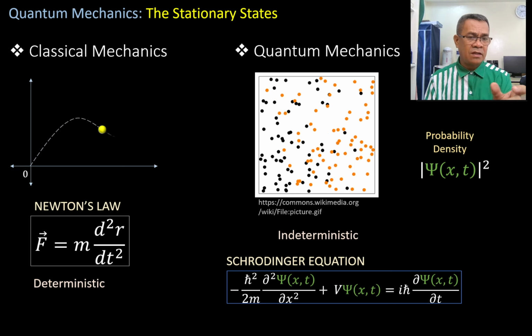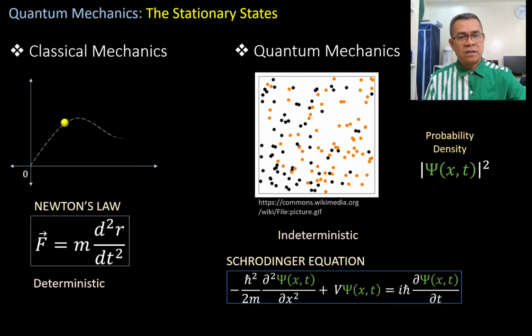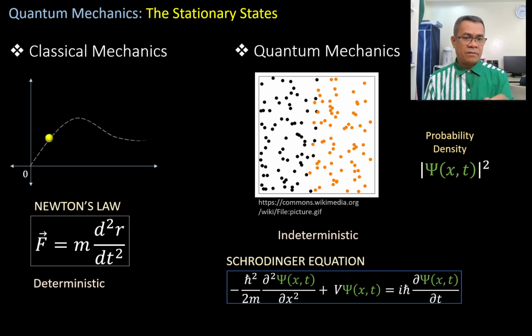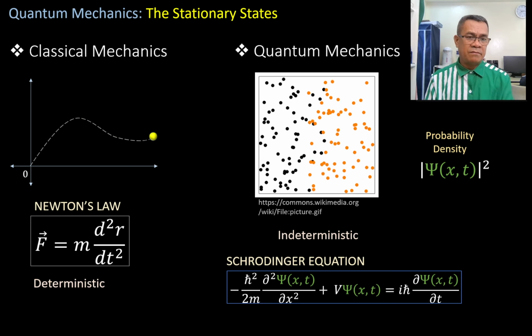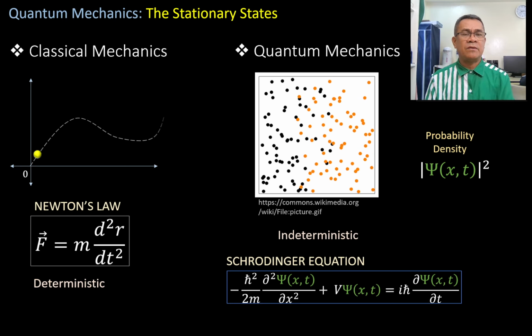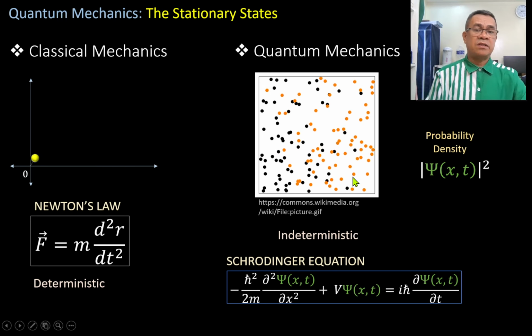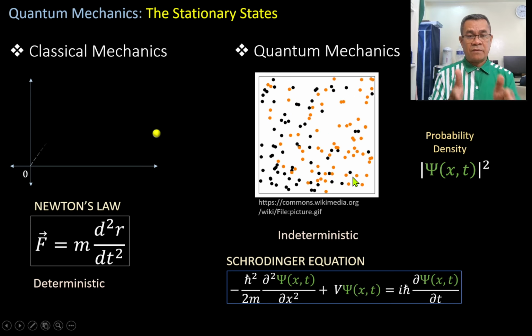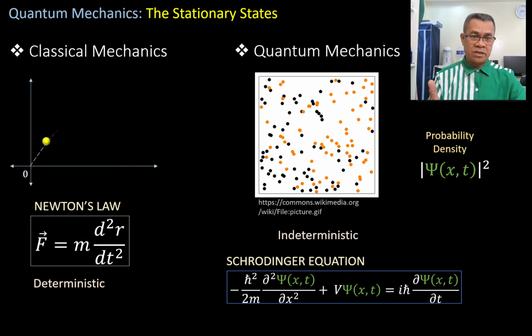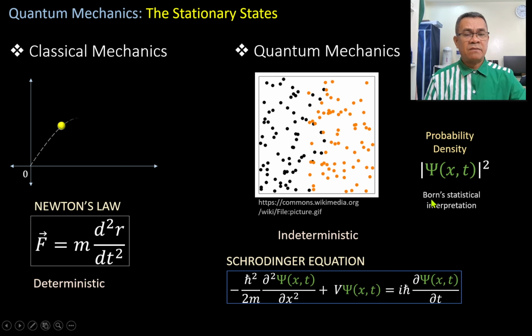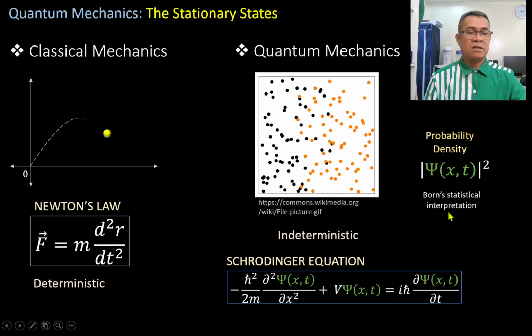Now, if we take the integral of this probability density over a certain interval, from A to B, for example, then we can calculate the probability of having that particle in that interval from A to B. So it is already a description of the system. Now, this idea is coming from the Born statistical interpretation.